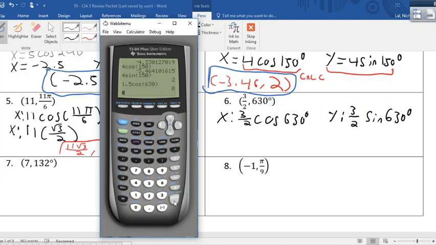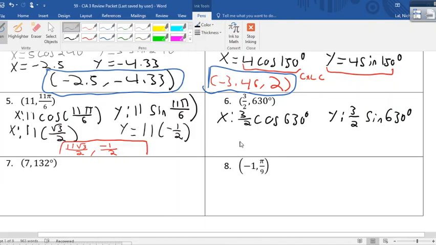And our y value is going to be 1.5 times the sine of 630 degrees. So that's going to be 0, negative 1.5. So we have an x value of 0 and a y value of negative 1.5.